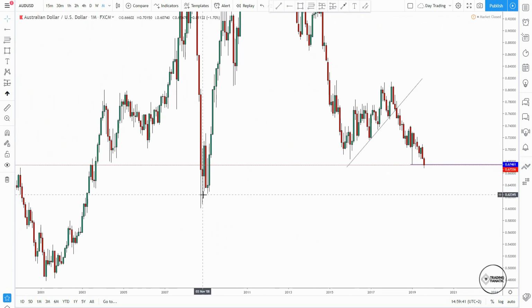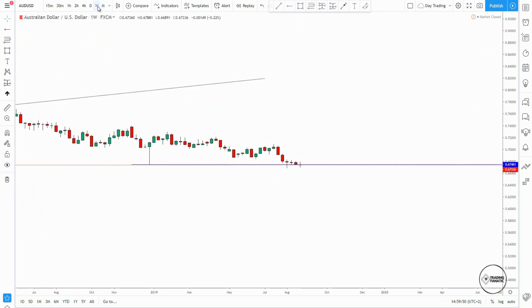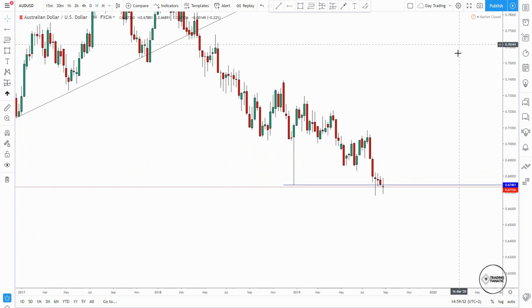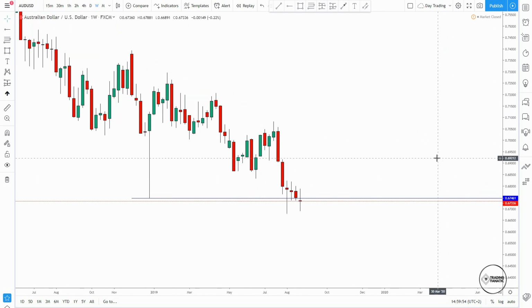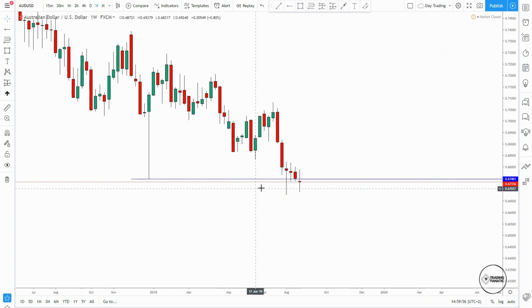The last time we were here was, wow, it was actually 2009, 2008. So I won't take this as a support level because that's years and years ago. I will just have a look at the recent price action. I can see that the price is finding kind of support here at this liquidity area. So I do think that we're due to a pullback here.